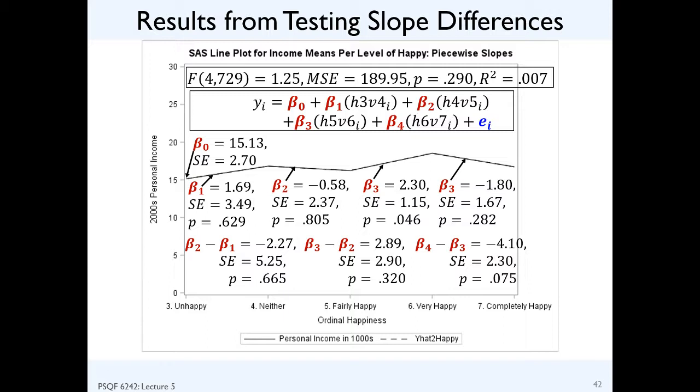Beta 2 picks up where that left off and carries the next one. A slight decrease, not significant. Beta 3, an increase from fairly happy to very happy in predicted income. And then from very happy to completely happy, it goes down non-significantly. And then I have the differences of these slopes in between. None of them are different.